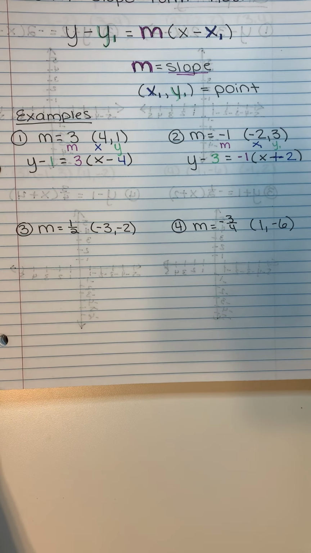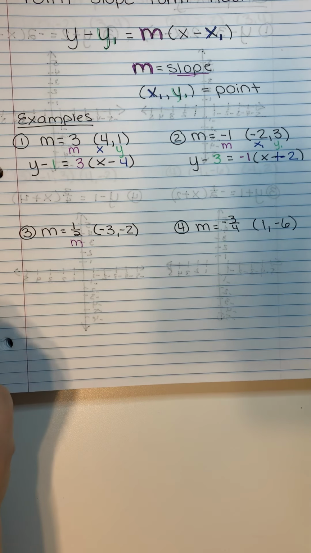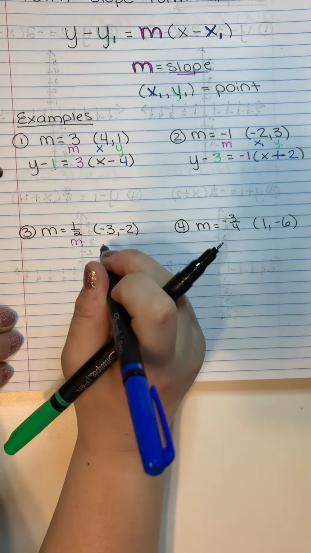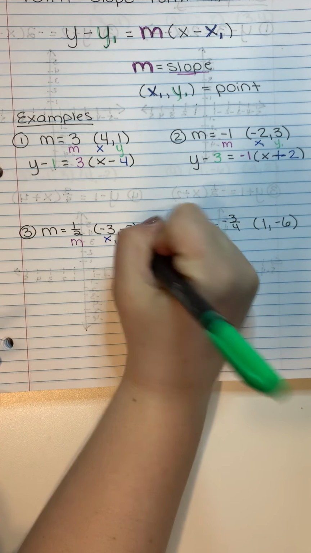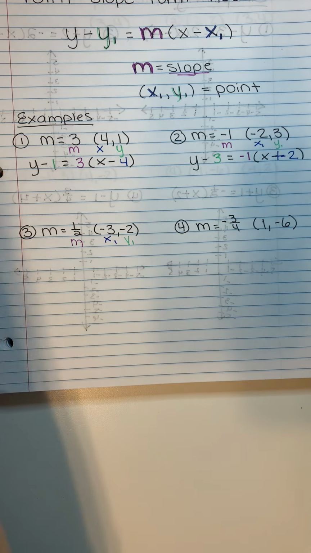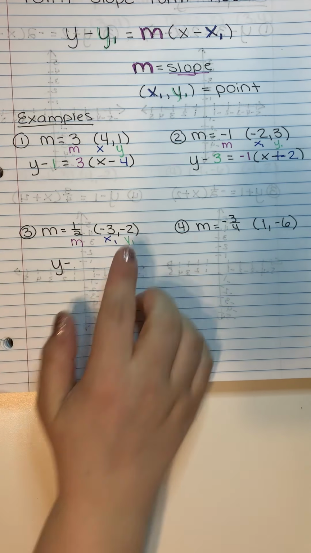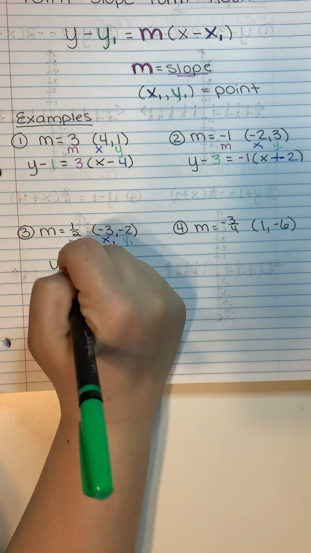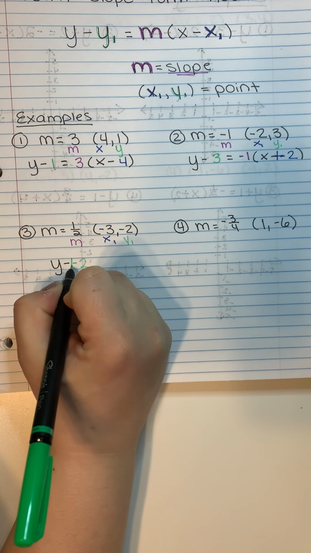All right, let's do the next one. Our m is 1/2, our x1 is -3, and our y1 is -2. Starting this off, we have y minus our y, which is -2. Remember, this is a negative, so we really put a positive.